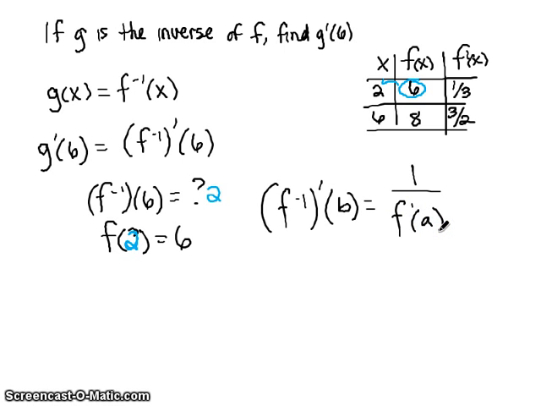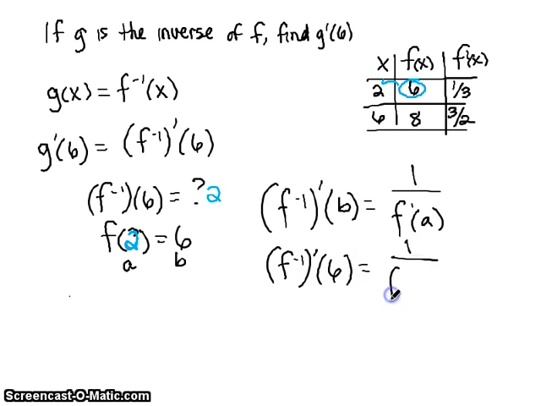So if we think about the point here being (a, b), and we are trying to find f inverse of 6, that's going to help out pretty much. So f inverse prime of 6 is equal to 1 over f prime of 2. If we look at our table, f prime of 2 is 1/3. So f inverse prime of 6 is 1 over 1/3, which is equal to 3.